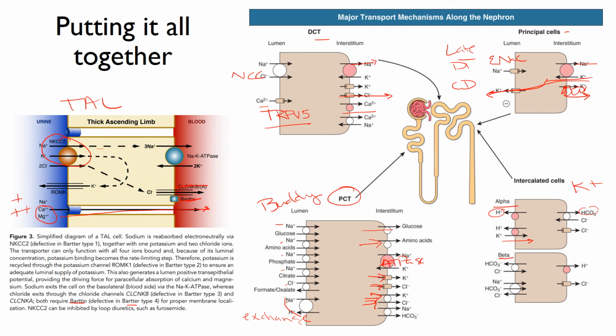And then in the beta intercalated cells, the exact opposite should be expressed, which is not drawn on this image. So you would add a little arrow there for the potassium. So potassium hydrogen exchanger, and then that's essentially a summary of everything that we've covered.